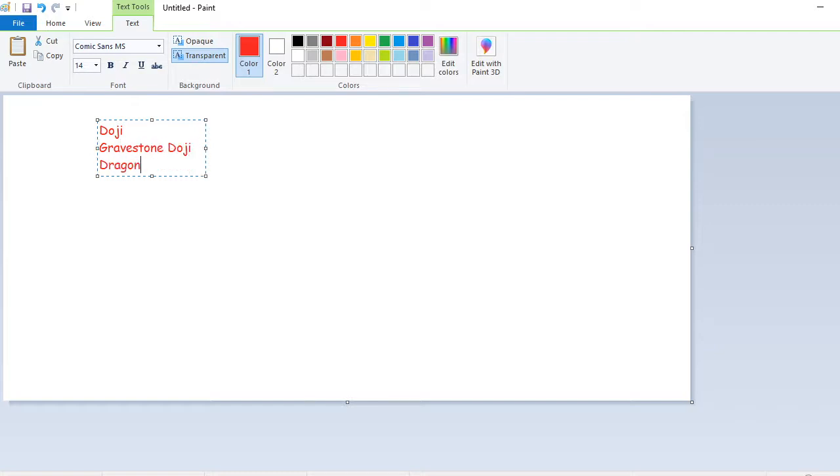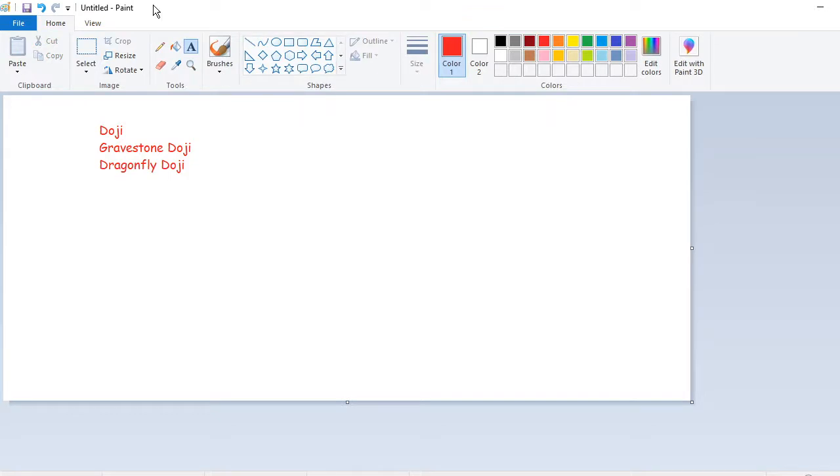What is dragonfly doji? Let's discuss this. Now, what is doji? See, this nomenclature came from the Japanese language. As I told you, candlesticks were basically designed and derived from the Japanese, and from there we adopted this technology. So a few names you can find are Japanese names.